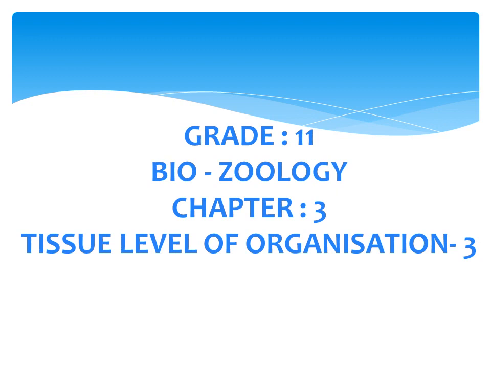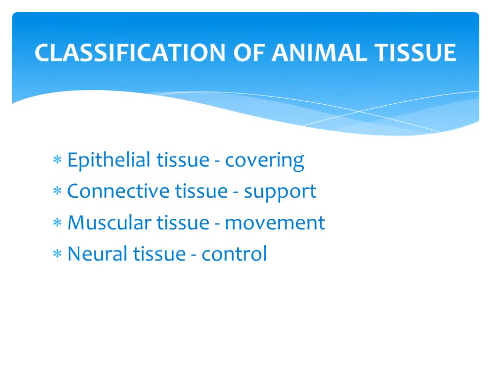So, we are in chapter 3 and we are discussing the topic tissue level of organization. Clear? In the previous two sessions, we discussed the classification of animal tissue. Hope you have gone through this.